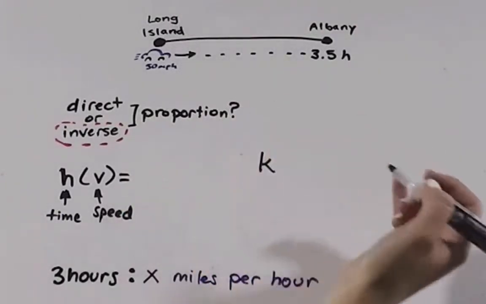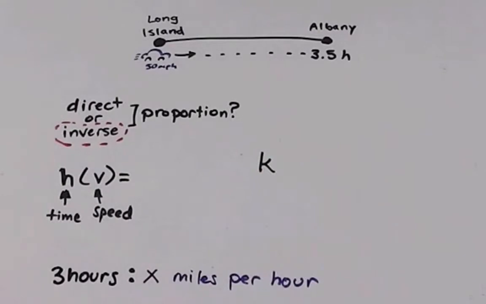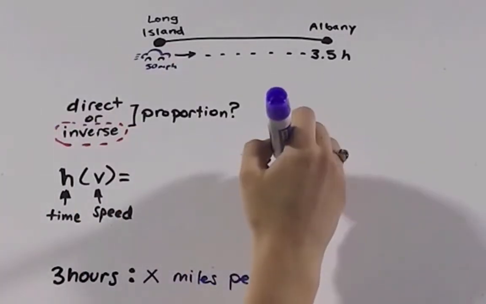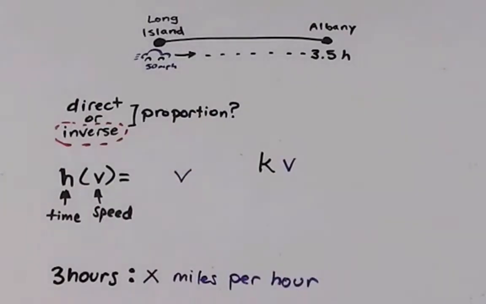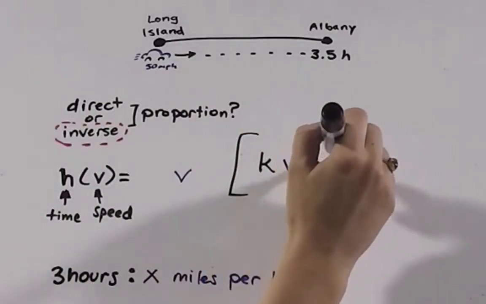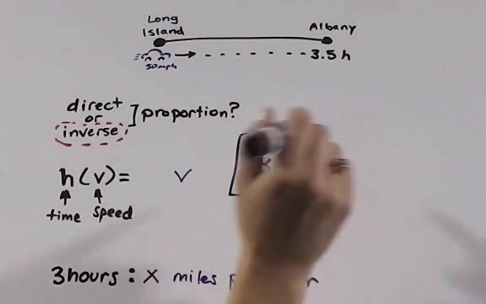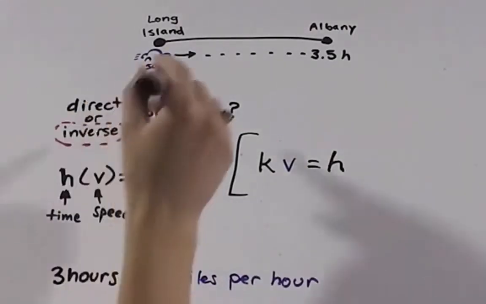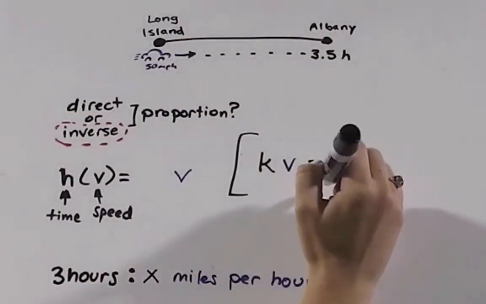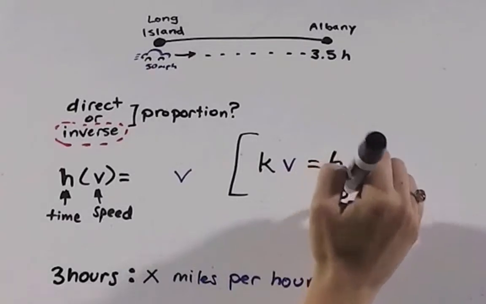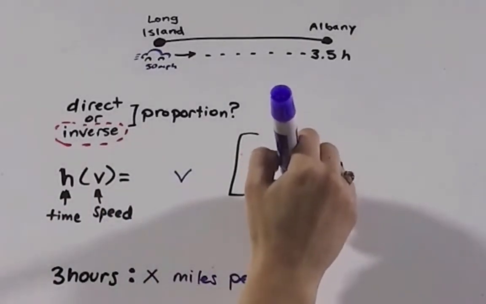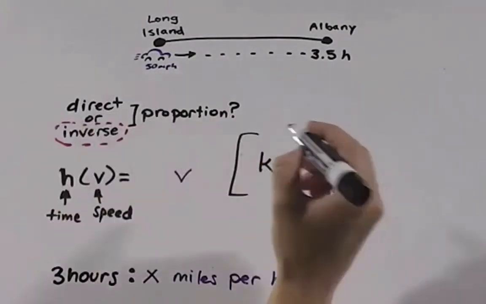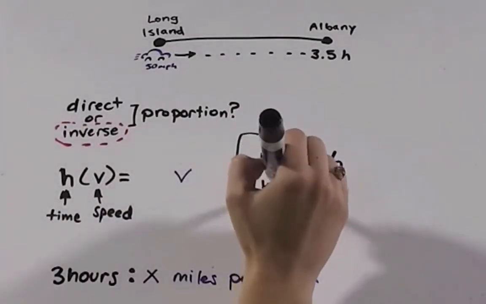So let's call it k, this constant that we're looking for. It's going to be multiplied by a speed v, which is going to end up in our equation, and we're setting it equal to h, and we want to find k. So if we plug in our value of time, 3.5 hours, and we plug in our velocity, we should be able to find k.